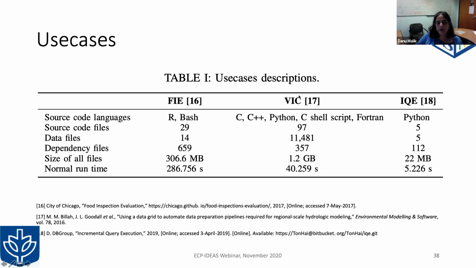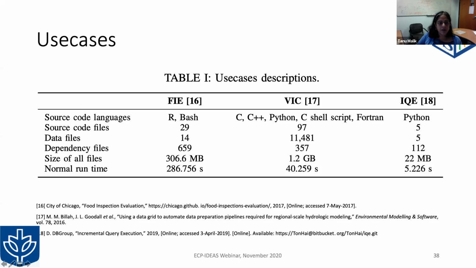Variable infiltration capacity, VIC, over here is a data pre-processing pipeline for a computational hydrology model. And the intermittent query engine over here is a database application, which is using a Python application and SQLite, which is embedded in Python 3, to do database style querying in the Python application.